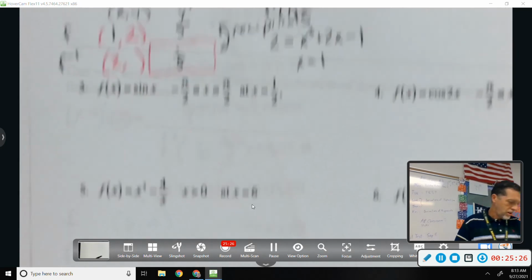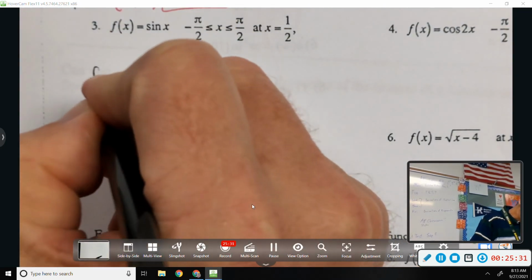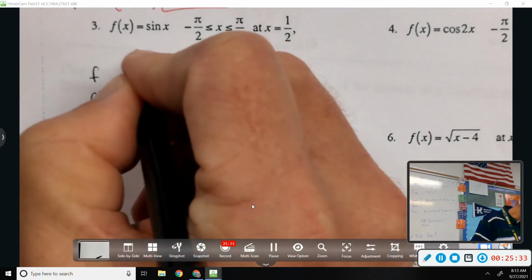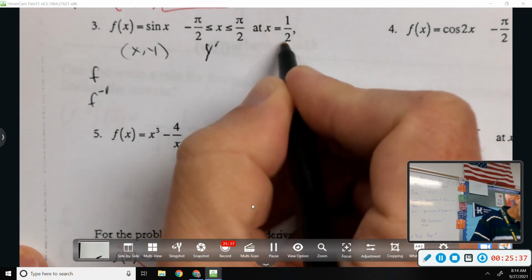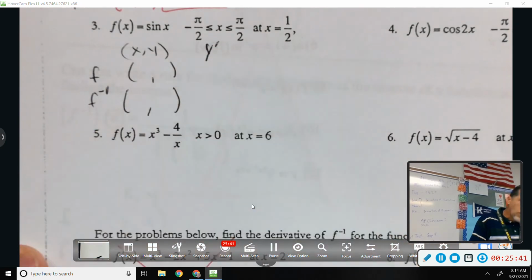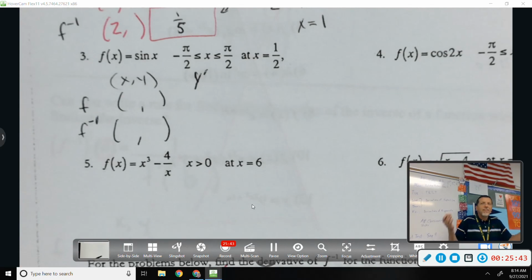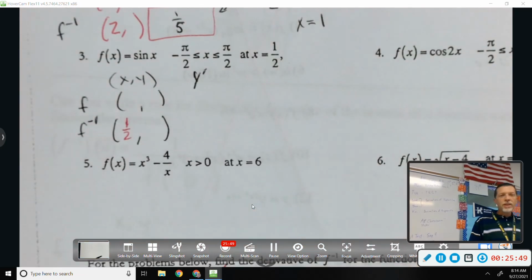And so we can get number 3 set up. We won't be able to finish it, but let's see. So at x equals 1/2, is that the x for the original or the x for the inverse? The inverse. So what does that mean about the original? It's the y.